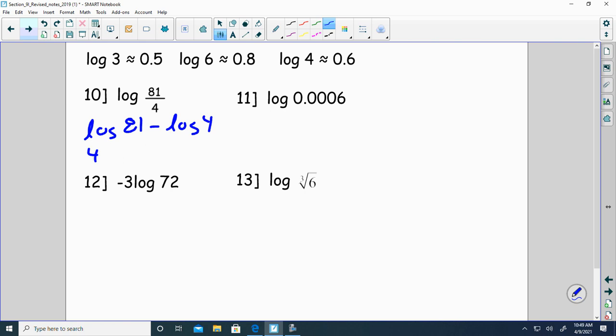So this is the same thing as 4 log 3 minus log 4, which is 0.6. Everyone follow my madness? Okay. Log 3 is 0.5. 0.5 times 4 is 2. 2 minus 0.6 is like 1.4, I believe.